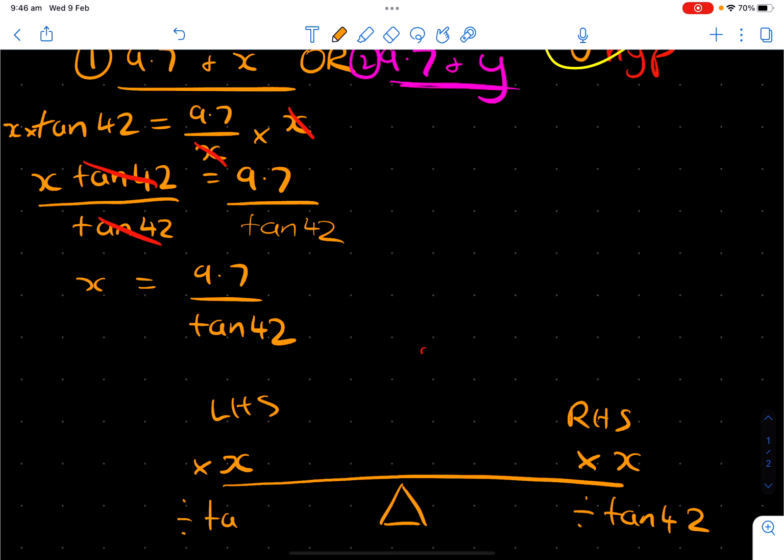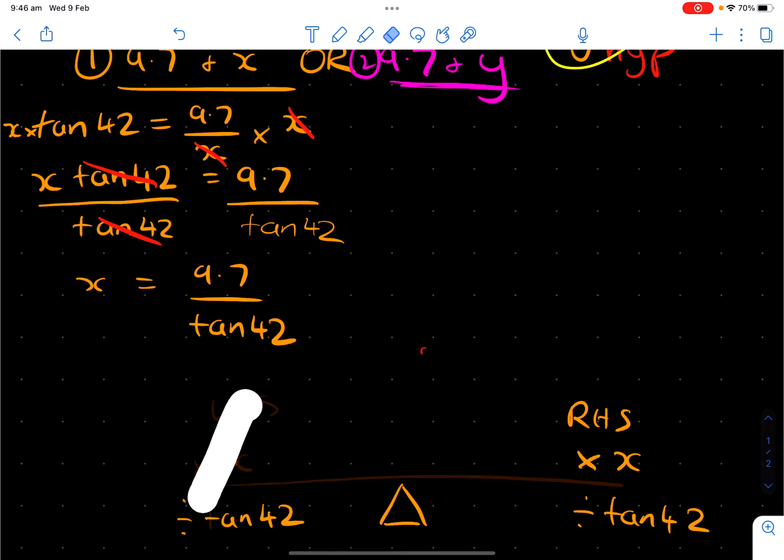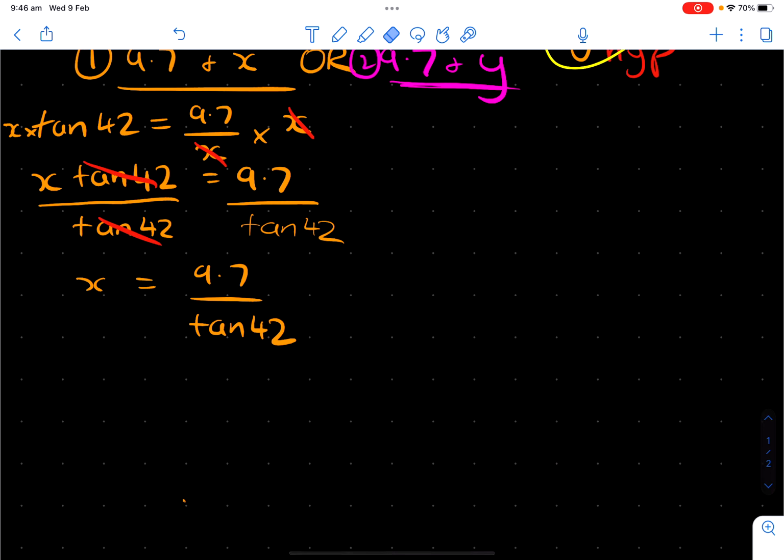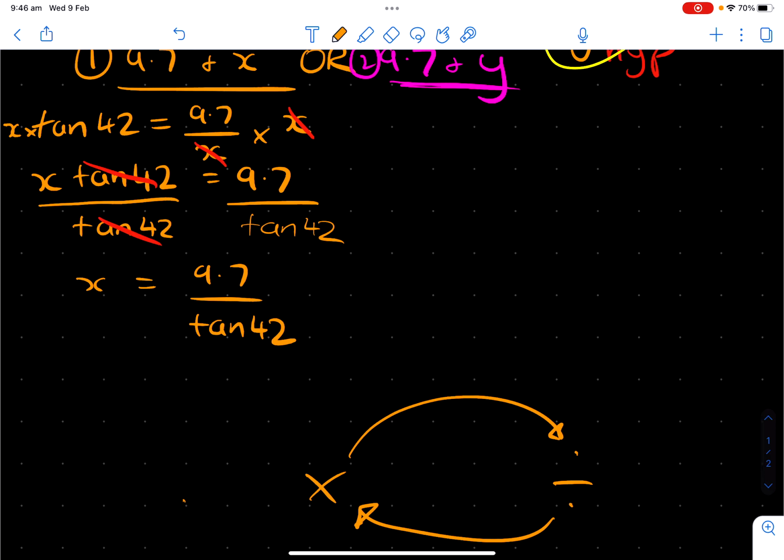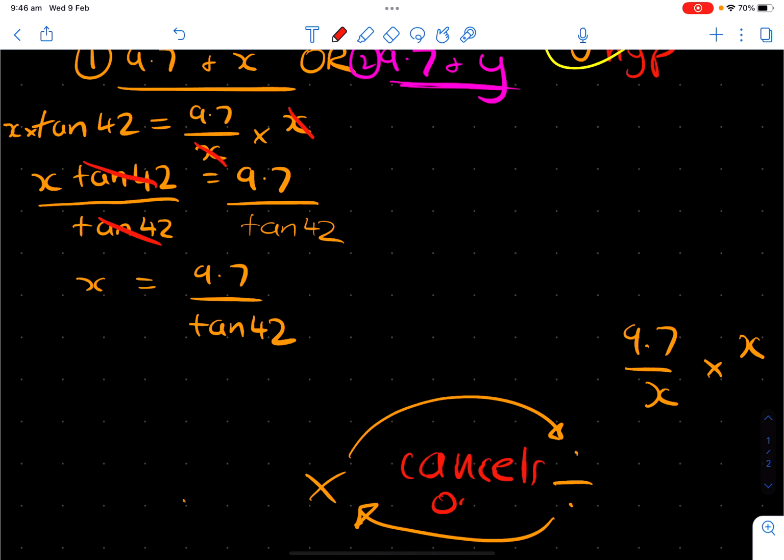So now that we've established that, our inverse operations to get rid of something are multiplication and division. So if we have 9.7 divided by x, we're multiplying it by x to cancel it out. So I'll just write here cancels out.